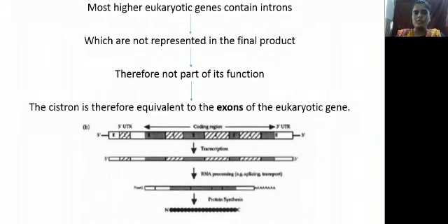Only the coding sequences, exons, are part of its function, that is, they are part of the protein, and introns are not. Thus, cistron is equivalent to the exon of a eukaryotic gene. So, in the case of prokaryotes, cistron and gene are equivalent. But in the case of eukaryotes, cistron and gene are not equivalent. Cistron is equivalent to exons.